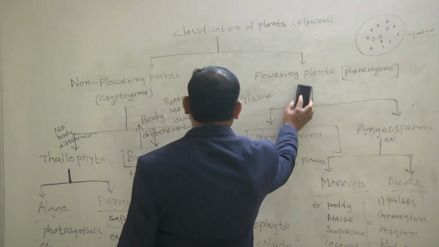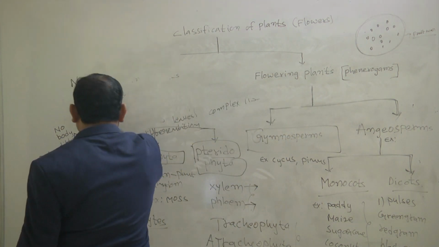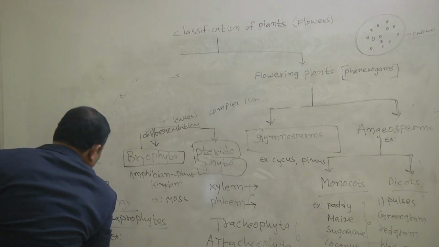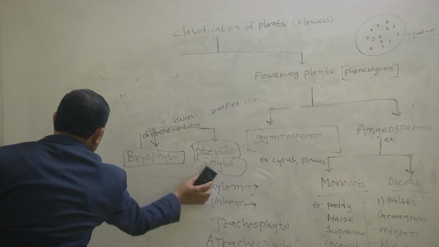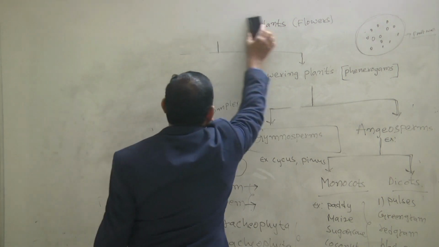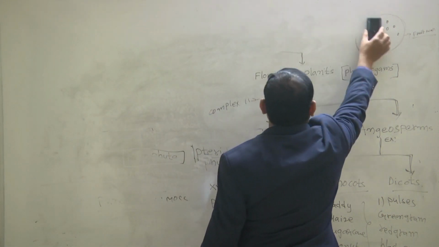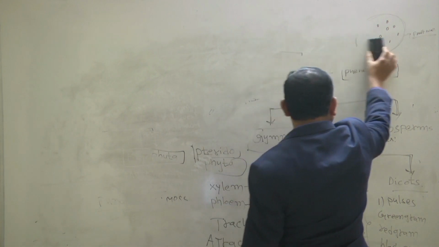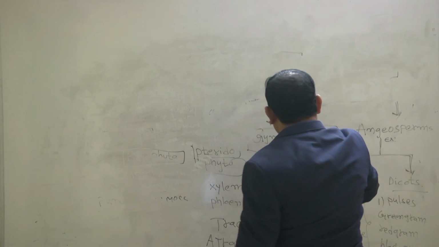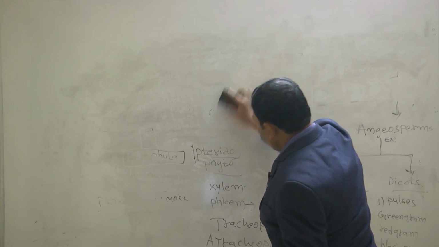Here my ultimate point is, in the root system, two types of root systems are present. How many types of root systems are present? One is the taproot system. The second one is the fibrous root system.